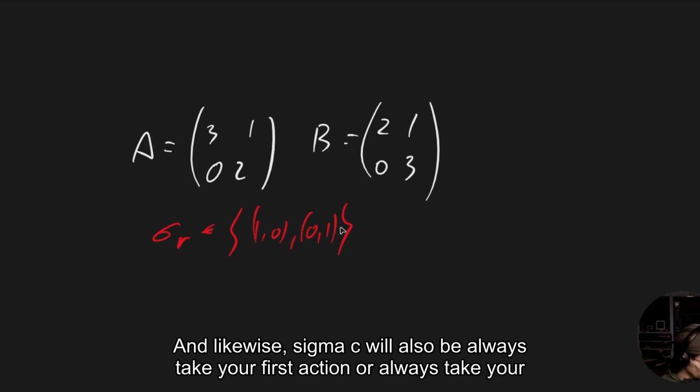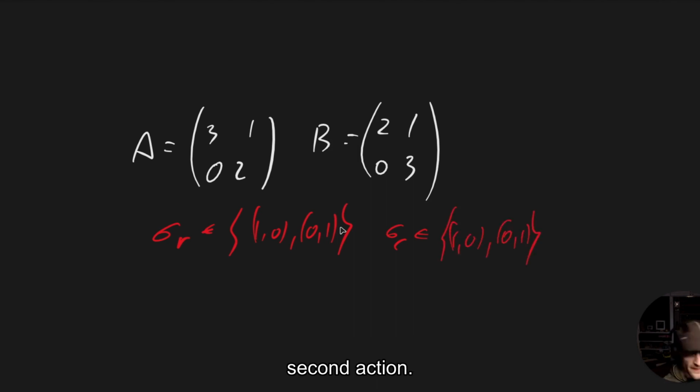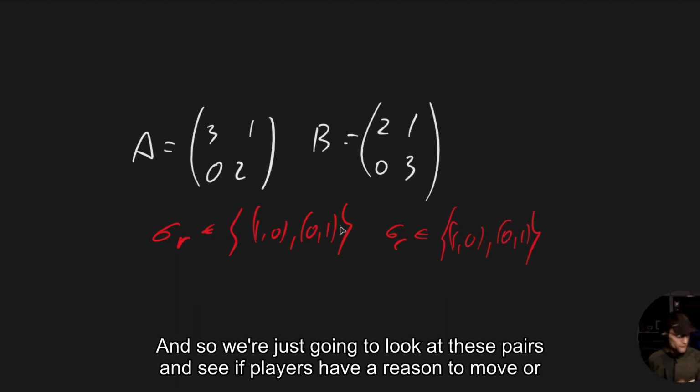And likewise, sigma c will also be always take your first action or always take your second action. And so we're just going to look at these pairs and see if players have a reason to move or not.